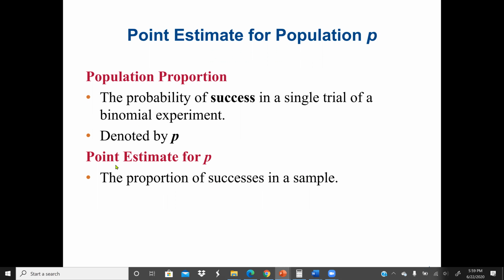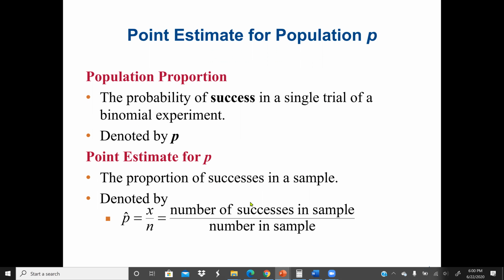When we are looking for the point estimate, we always use the sample data, not the population, and whatever we get from the sample data, we generalize to the population. So that's the concept here, the proportion of success in a sample, and that will be the point estimate for P.